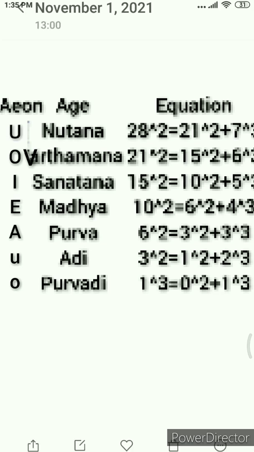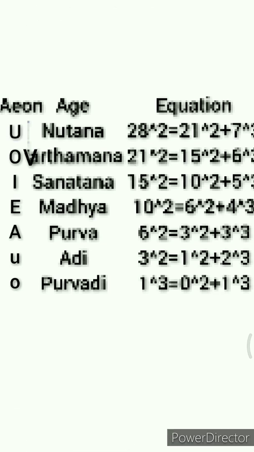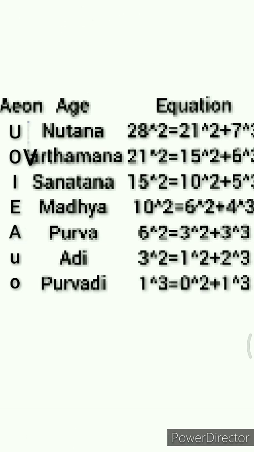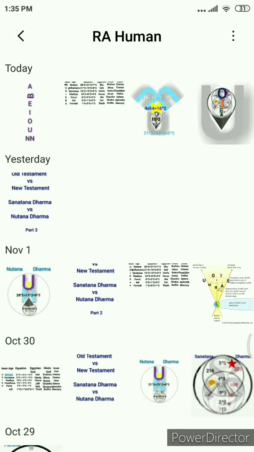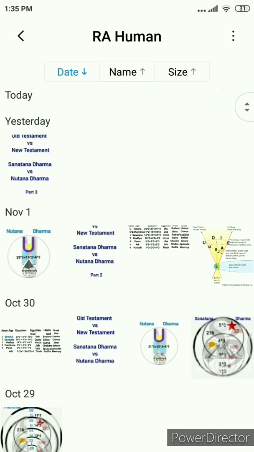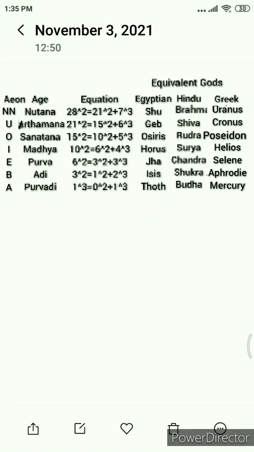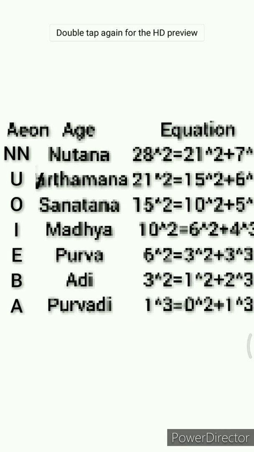In fact, U should have been associated with 21 squared, O should have been associated with 15 squared, A should have been associated with 1 squared, right? So today let me show you the correct one.